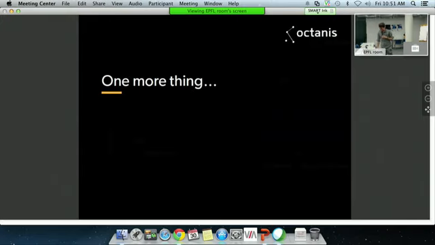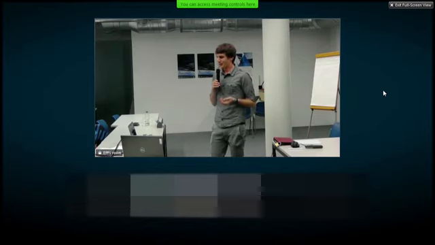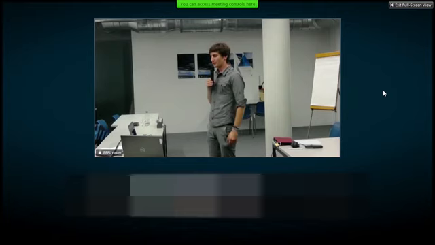So just a few seconds left for this. We're going to test this rover in February in Antarctica. We can only send one person there. We have this agreement with the Antarctic base, and they allowed us to send one person in February 2016 to Antarctica.